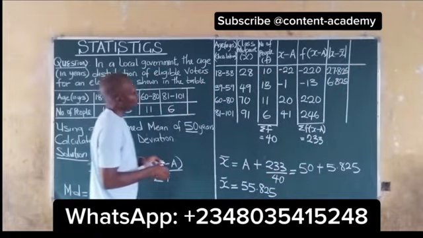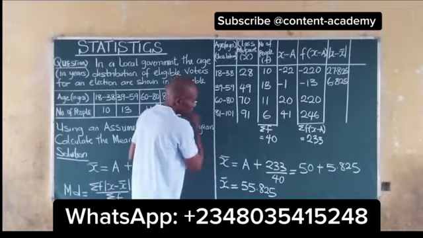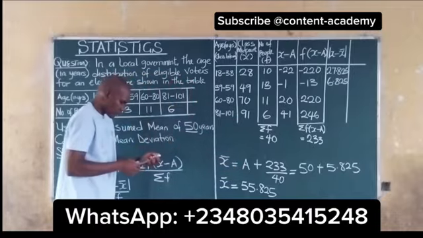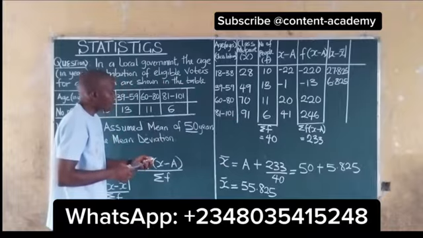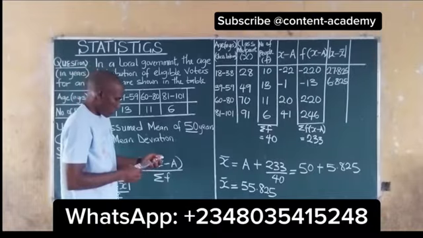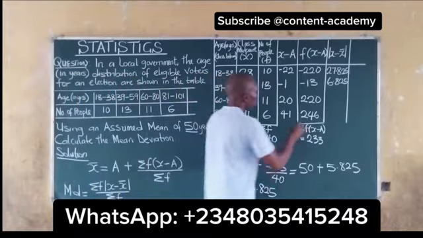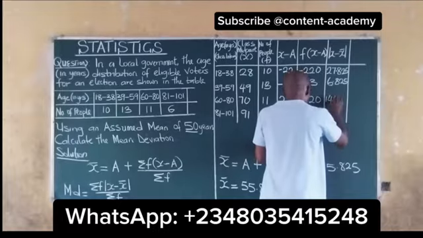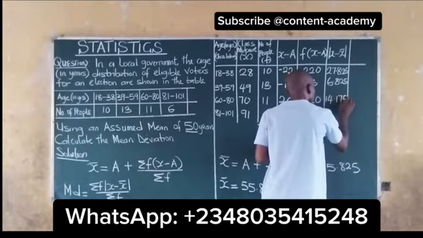Now we have 70 minus 55.825, which gives us 14.175.